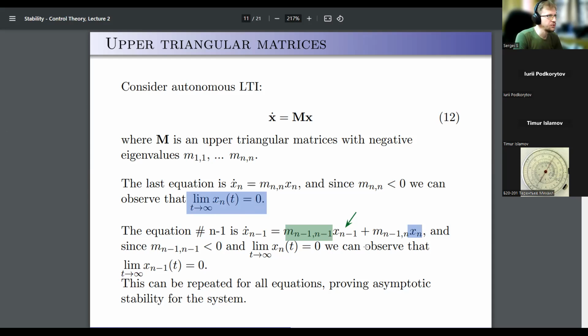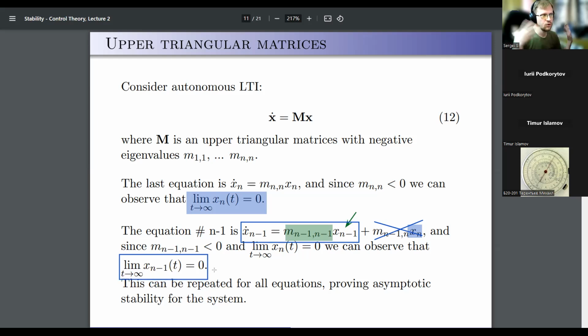So as time goes to infinity, this component will go to 0. And we are left, again, with the equation exactly the same as in the diagonal case: x dot n minus 1 equals a negative number times x n minus 1. So again, it is stable. The solution is also going to approach 0 as time goes to infinity.